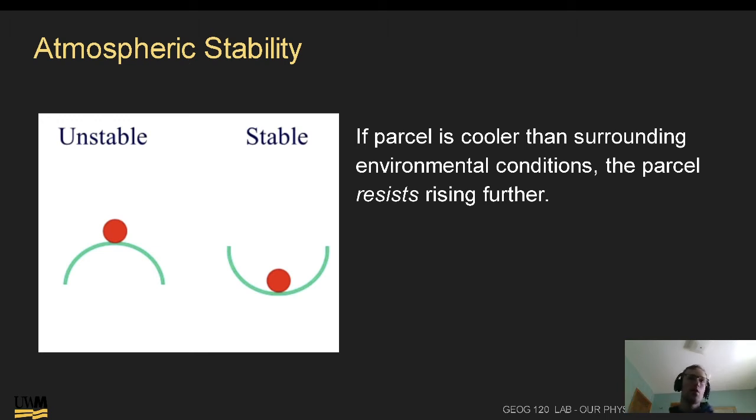Just like the hot air balloon example, the temperature inside may be warm, which causes it to rise. But if it's a really, really hot day, that temperature difference might not be as great. So the stability of the atmosphere is caused by the initial conditions, but also the environmental conditions.